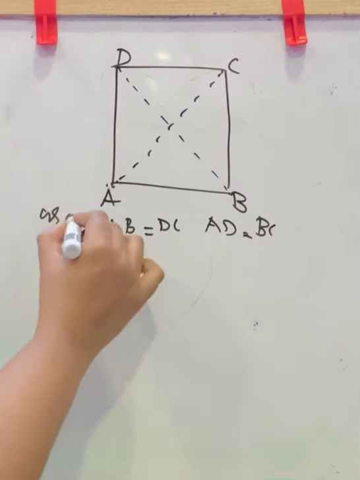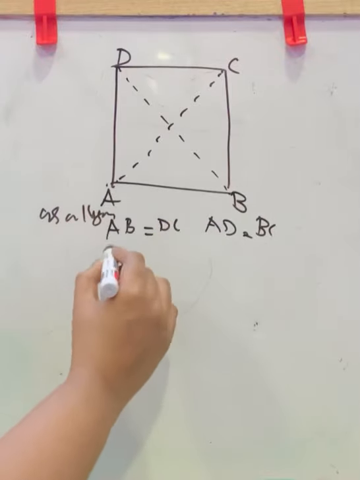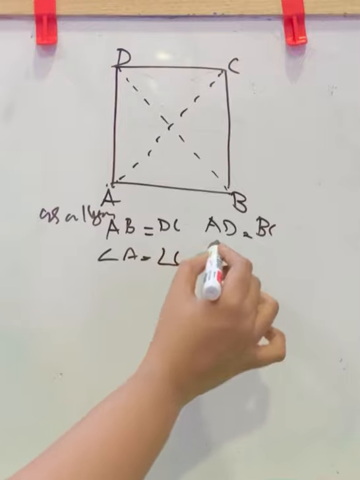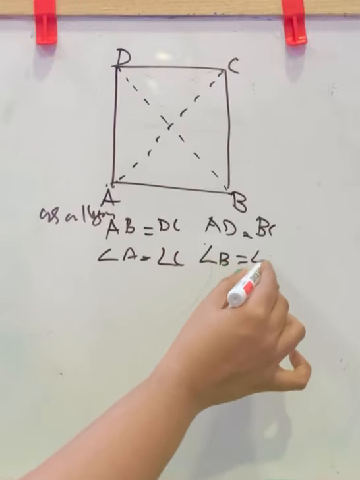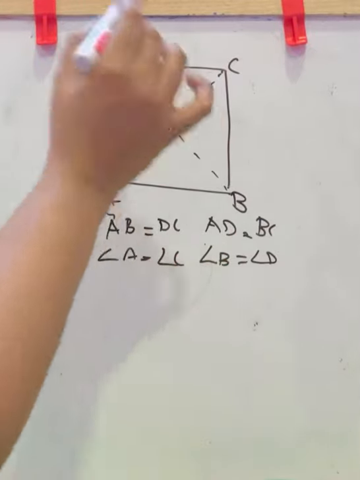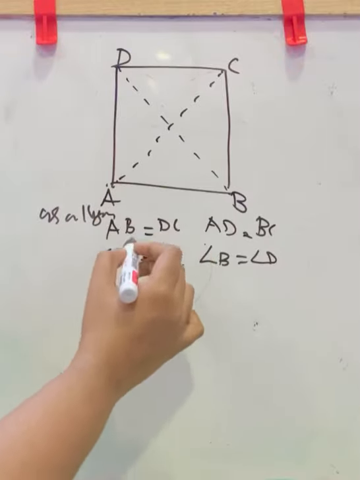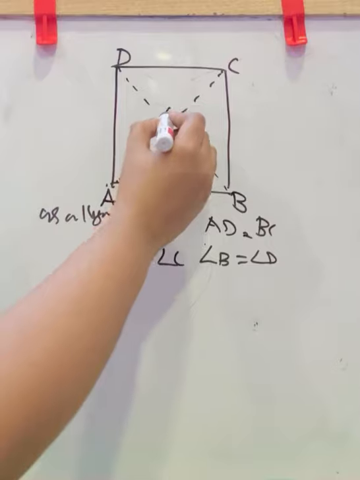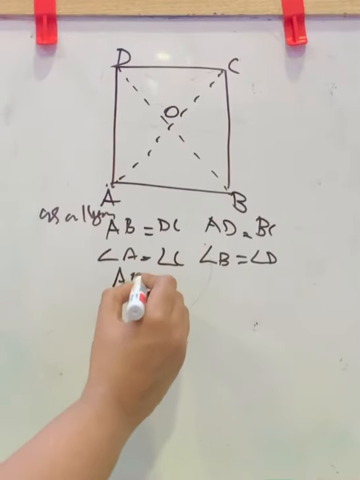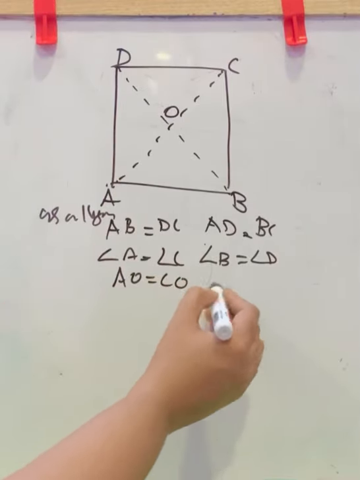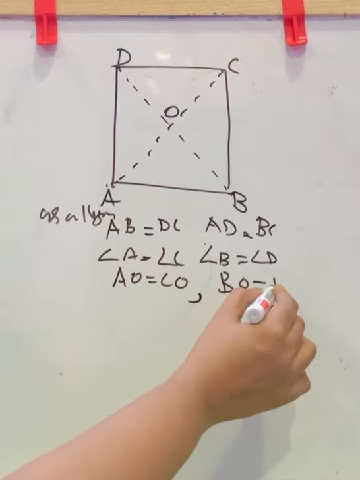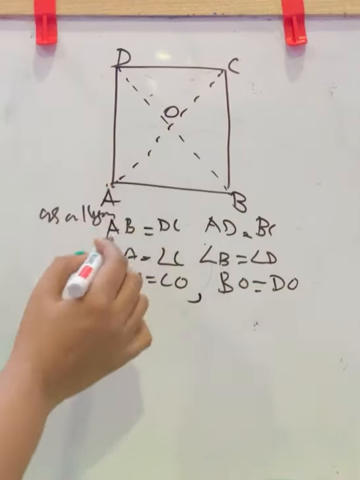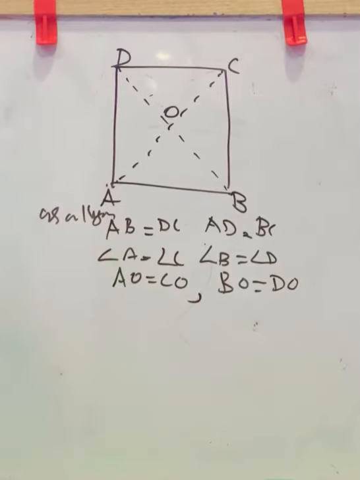Also angle A equal to angle C. Opposite angles are equal. And angle B equal to angle D. Also, diagonals bisect. Here O, then AO equal to CO. Also, BO equal to DO. The lengths are equal because in a parallelogram, diagonals bisect.